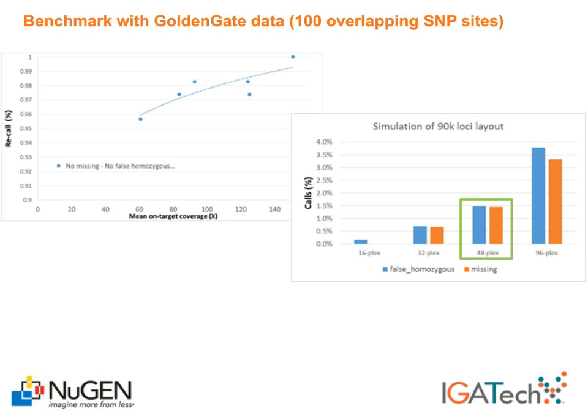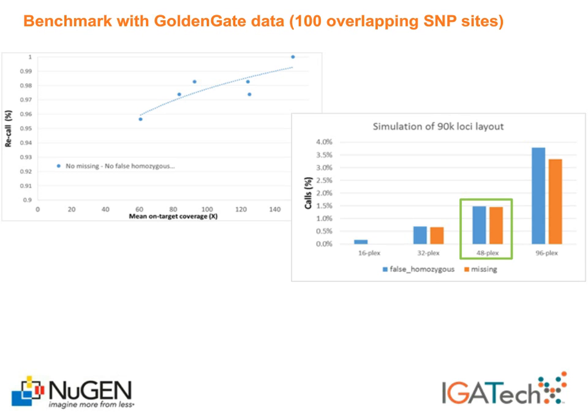With these metrics in our hands, we simulated the error rates in different sequencing setups, foreseeing the 90,000 probe panel. So, with the need to maintain high cost effectiveness on a large scale, we decided to consider the sequencing of 48 samples per Illumina lane.